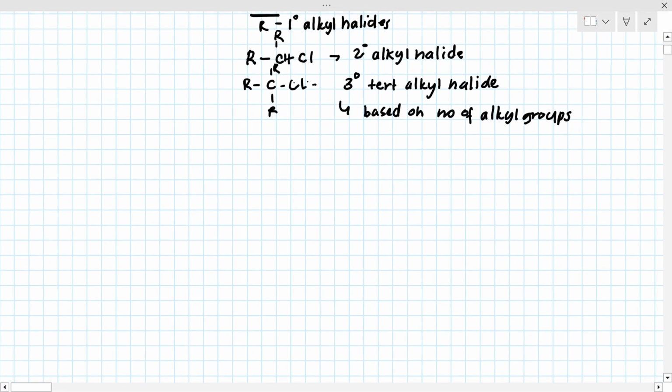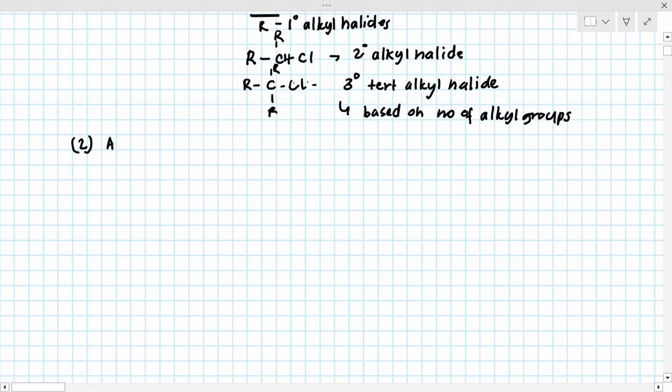Next we have allylic halides. Second we have allylic compounds. What are allylic compounds or allylic halides?